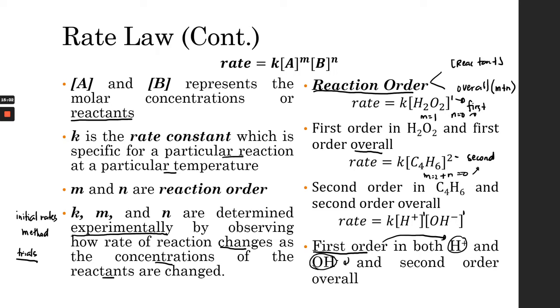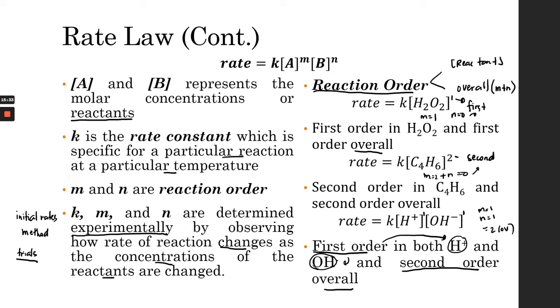The reason we have first order is because they're both raised to 1. But for the overall order, we have m is equal to 1, n is equal to 1, 1 plus 1 is equal to 2. So this is the overall reaction. We have a second order in the overall reaction.